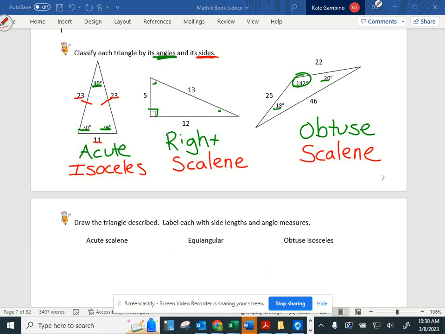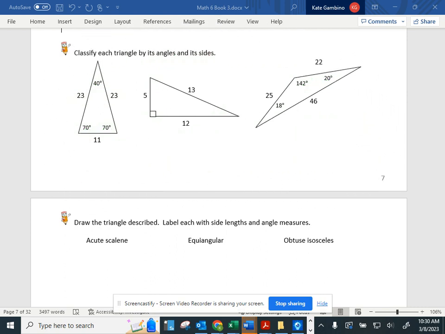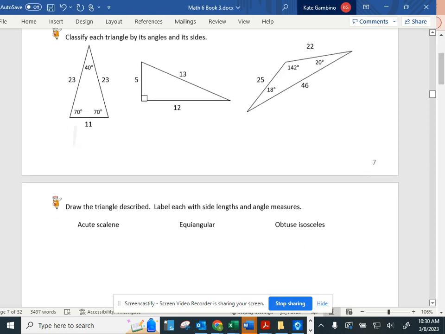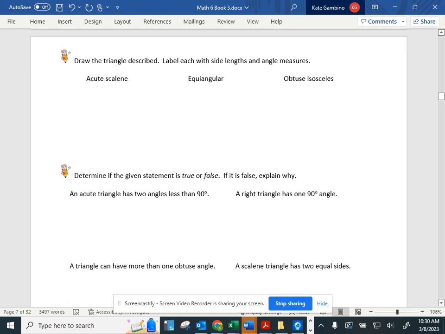All right, so looking at how they drew out their triangles with the angles, with the measurements, with the side lengths, we're going to look at the top of our next page. We're going to draw our triangles. Do we have to be precise? No. When I was drawing my examples, did I get out my protractor?